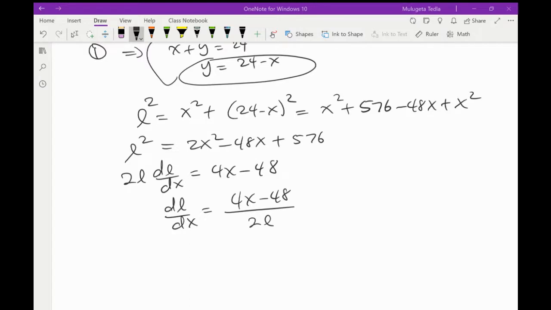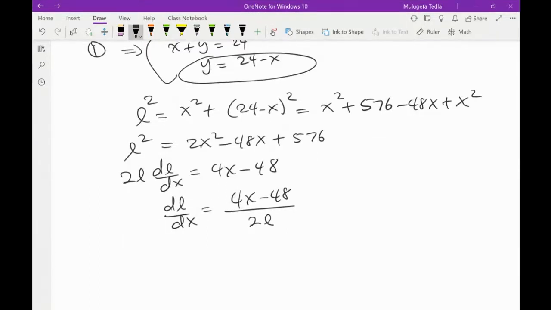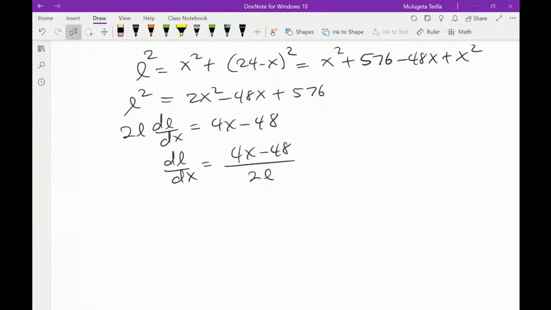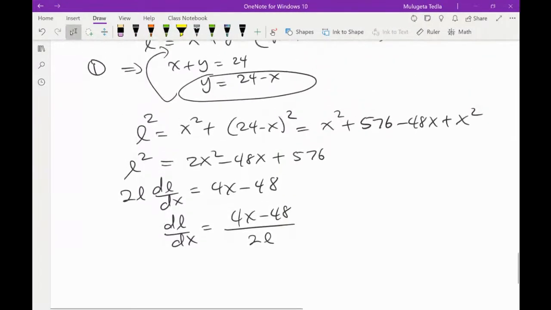You can take the square root and then find the derivative. It's the same. It will be 2L on the denominator when you take the square root. Okay, so what is L, by the way? L is what?